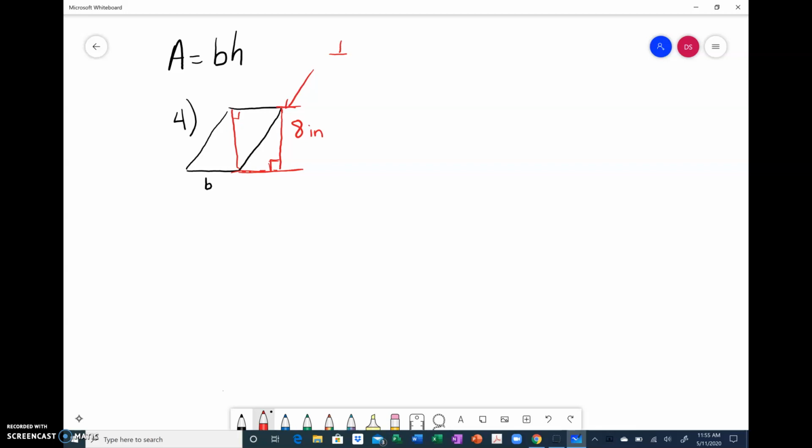Now, the other trick to this one is that they're telling you the area, and we haven't done one of these in this lesson. We have done them in the past, so I think you know what to do, but I am going to work this one out for you. So again, you're going to plug in what you know. We know the area. It's 56 inches squared. And what does it equal? Base times height. We don't know the base, okay, but we know the height.